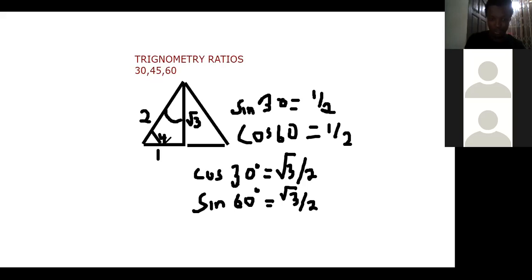So here is 45, and here is maybe root 2, and here is 1, and here is 1.